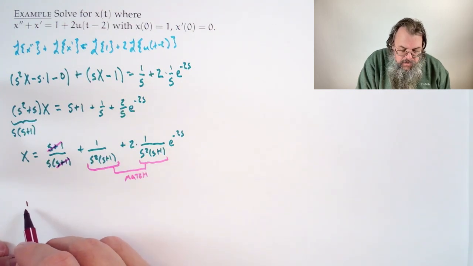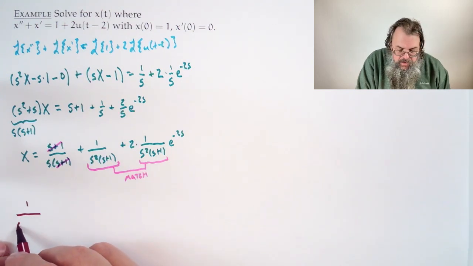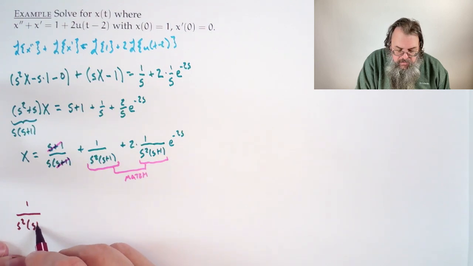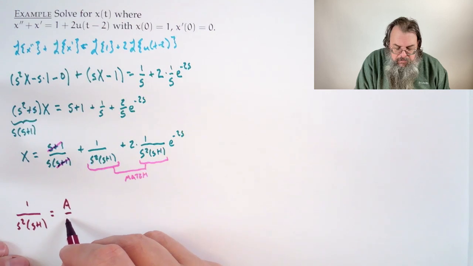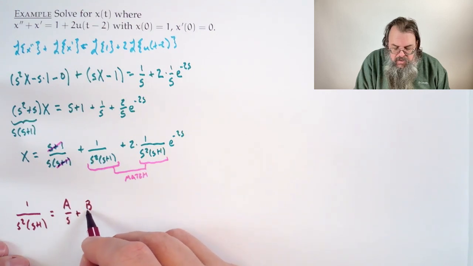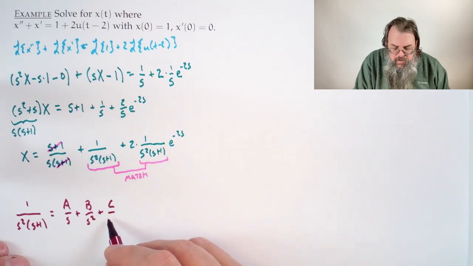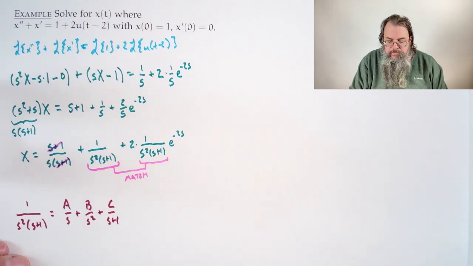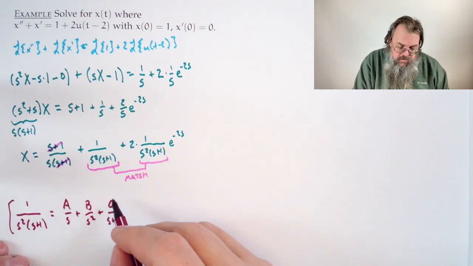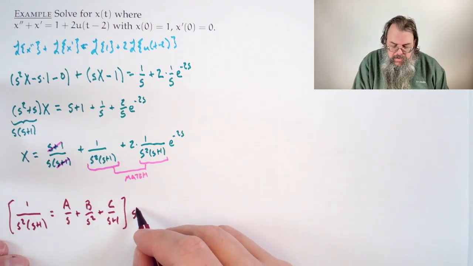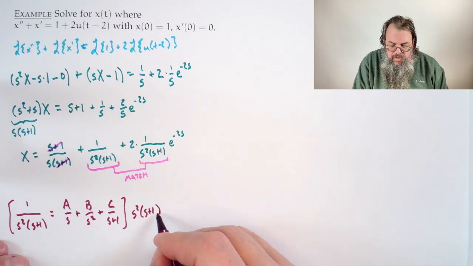What do we have? 1 over s squared times s plus 1 is going to look like something over s, something over s squared, and something over s plus 1. Clear the denominators, which means multiply by s squared times s plus 1.